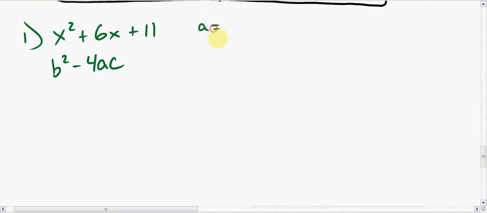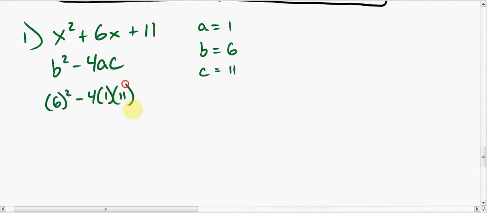Remember, this is the part underneath the square root in the quadratic formula. In this problem, we can see a is 1, b is 6, and c is 11. So I'm going to plug in b squared, or 6 squared, minus 4 times a, which is 1, times c, which is 11. 6 squared gives me 36. Negative 4 times 1 is negative 4. And negative 4 times 11 is negative 44. So we have 36 minus 44, which gives us negative 8.